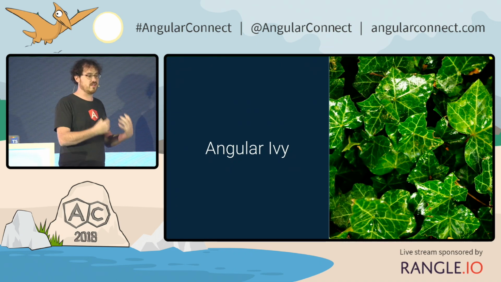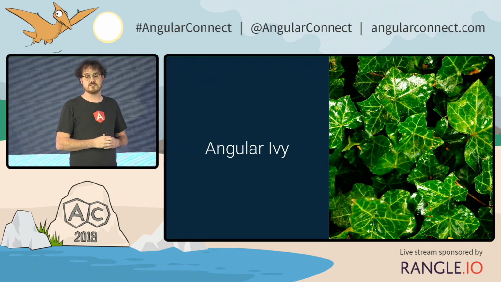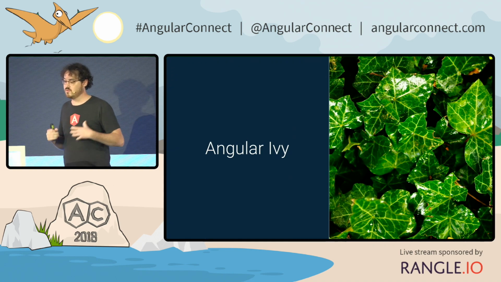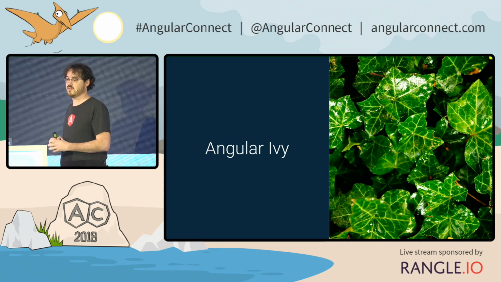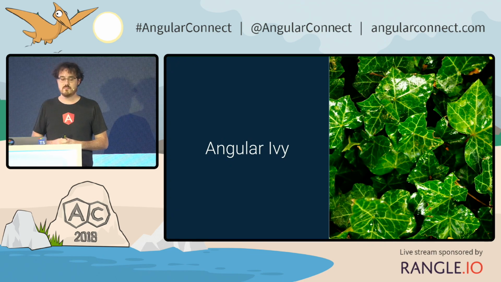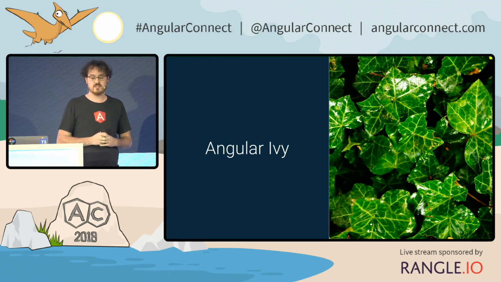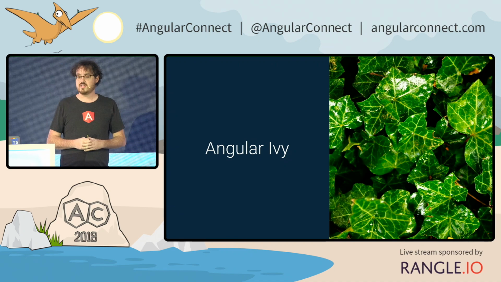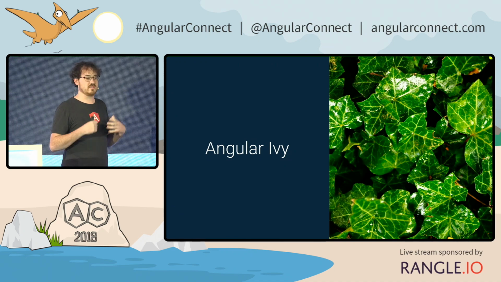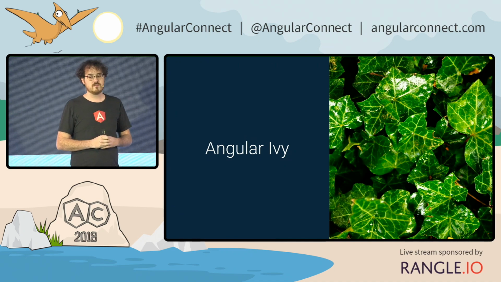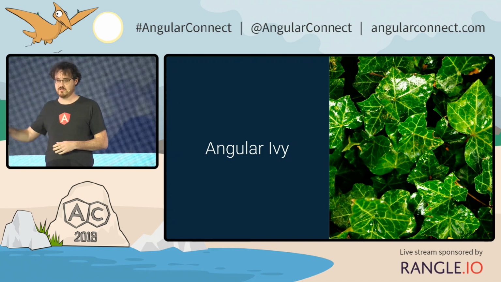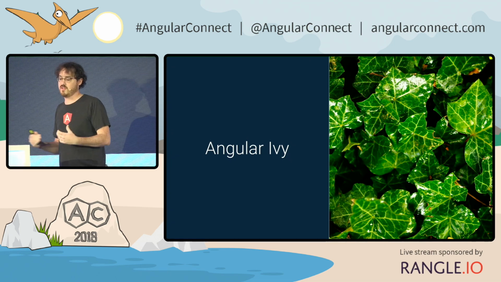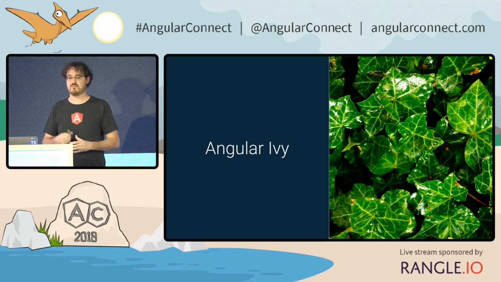And together, they replace the View Engine in your Angular applications. It's a substantial refactoring of how Angular works internally. But just like when we released View Engine in Angular 4.0, it's going to be backwards compatible with existing Angular applications. For the vast majority of our users, you'll turn Ivy on, and your application will be better. And that's all you'll really have to notice.